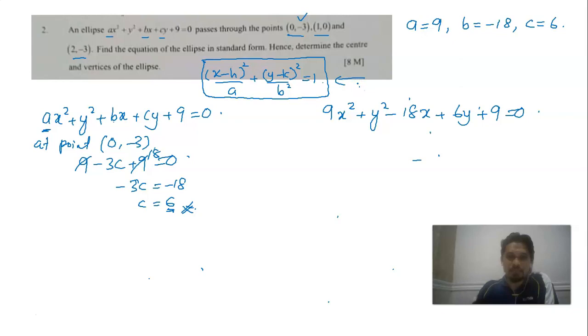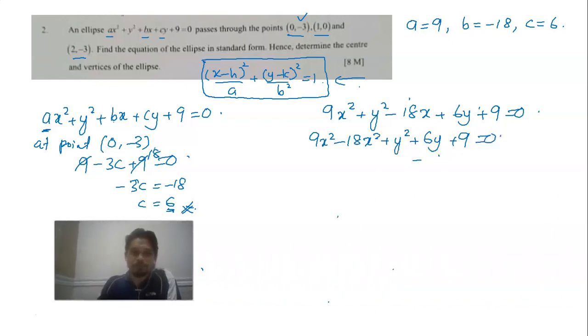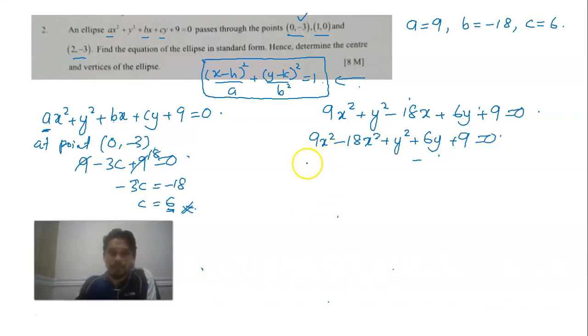So 9x squared minus 18x plus y squared plus 6y plus 9 equal to 0. So then 9 times x squared minus 2x plus y squared plus 6y plus 9 equal to 0.